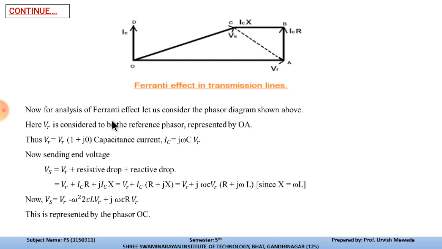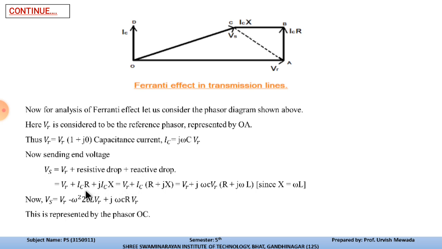Now the sending end voltage Vs is a combination of VR plus the resistive drop plus the reactive drop, so VR plus ICR plus jICX. Through these three terms VS is formed. So just place the values of all the resistances and reactances.